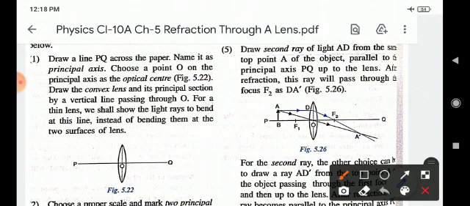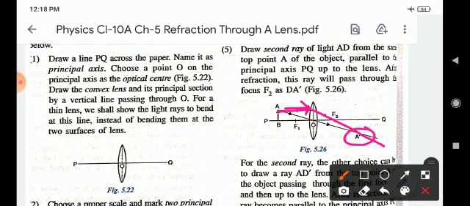Next, draw a second ray of light AD, which is parallel to the principal axis PQ up to the lens. After refraction, this ray will pass through the focus F2, that is this point, and it cuts at the A dash point.